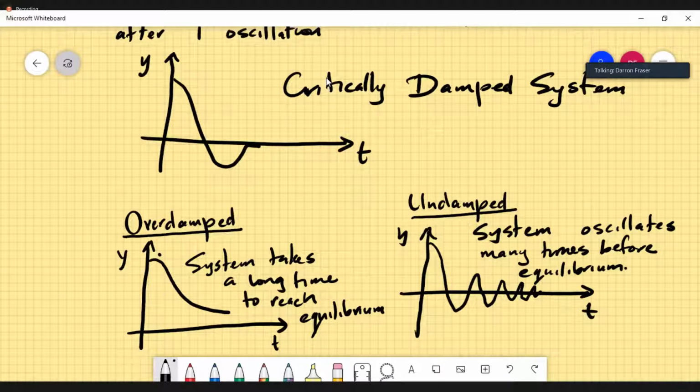The best example I can give, two good examples of systems that have to be critically damped, is that you can buy your Audi. Q8, sir. Right.